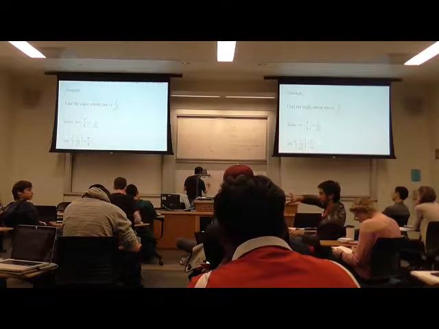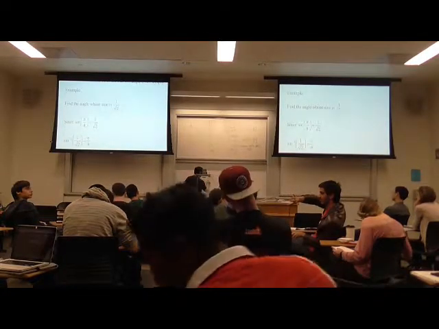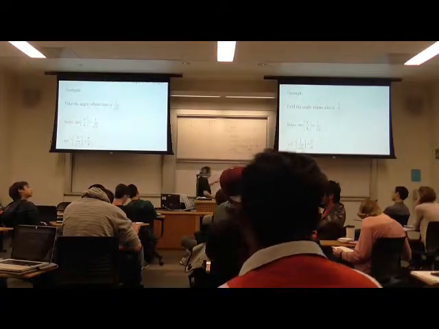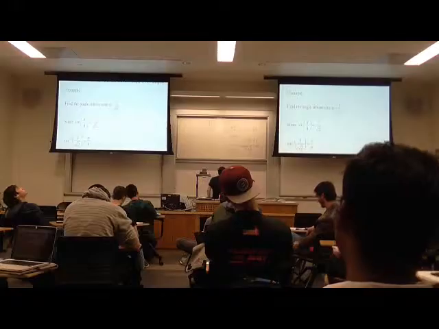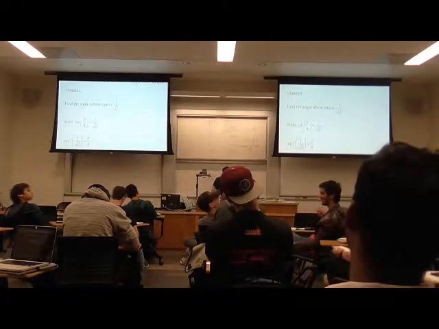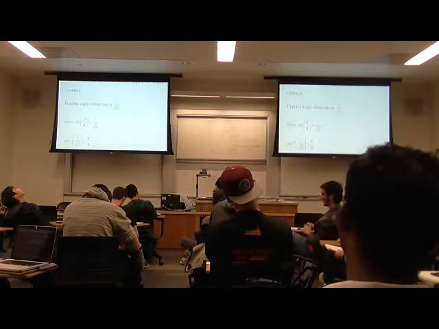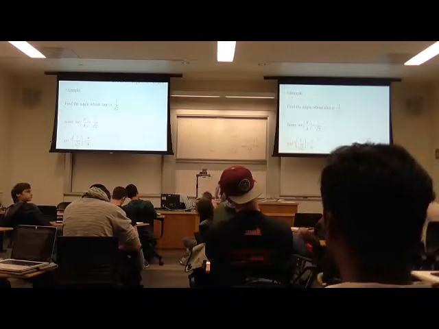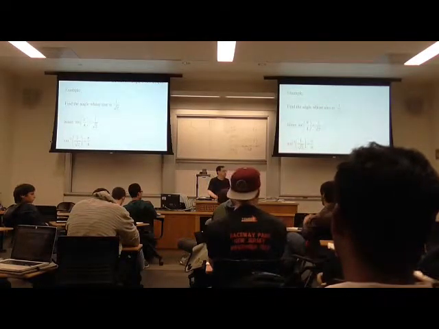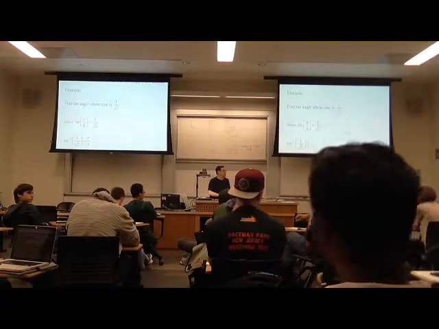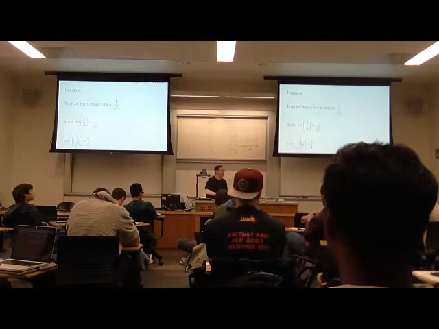Here's 225, right? Why is 225 not an angle whose sine is 1 over the square root of 2? Well, what's the sine of 225? It's negative 1 over the square root of 2. So it's not one of the answers to our question.